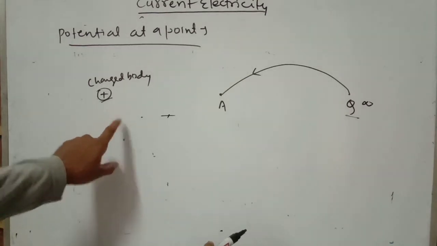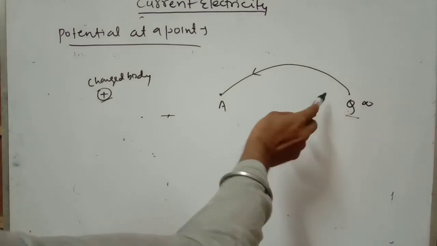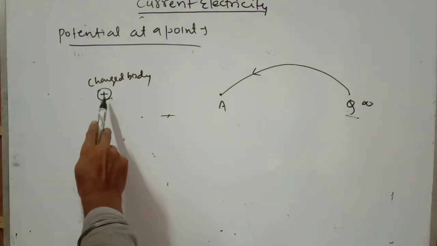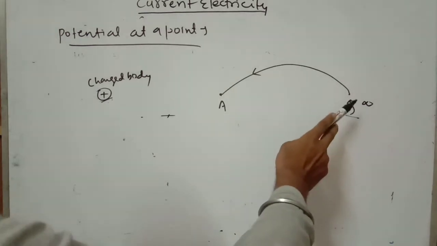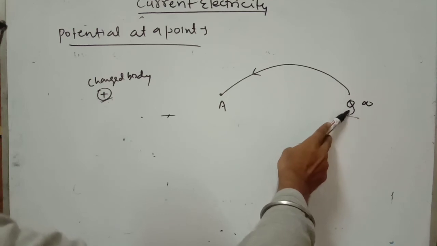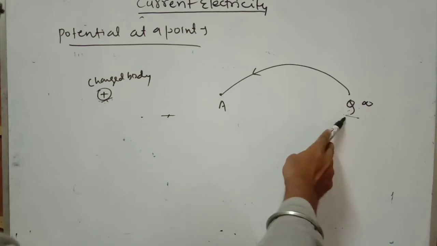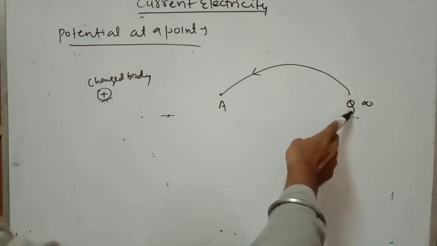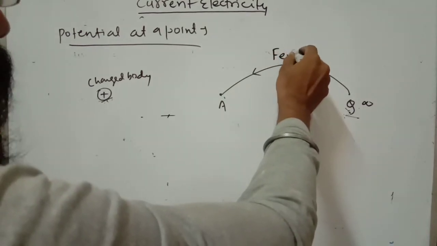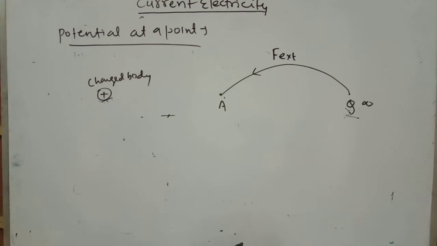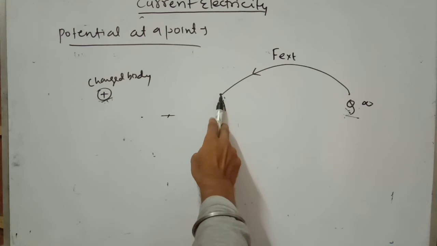When you bring charge Q from infinity near the charge body, the charge body repels this charge. So to bring Q from here to here, obviously some force is needed from an external agent, to bring it from infinity to point A.